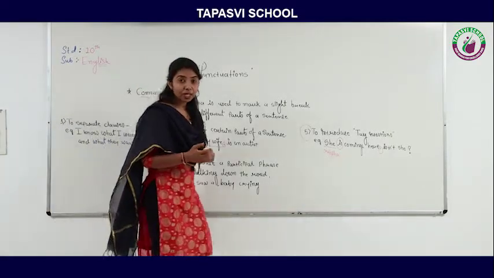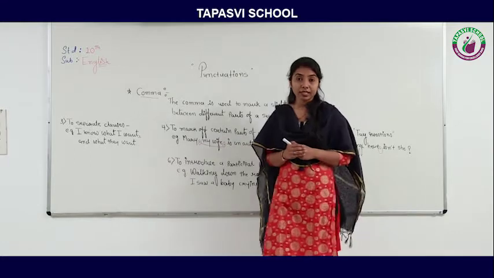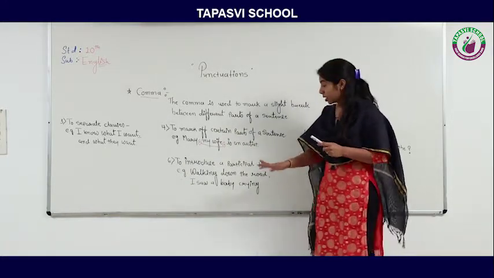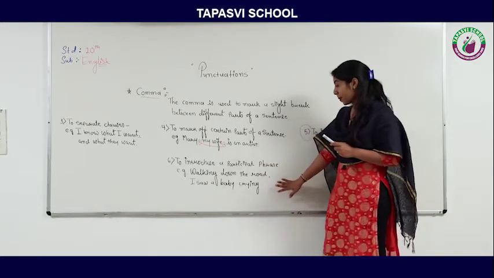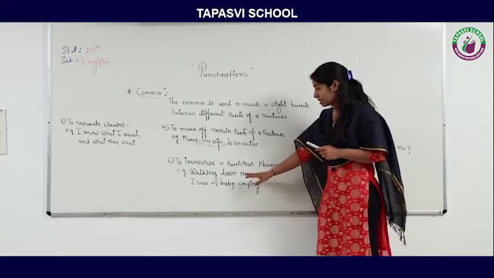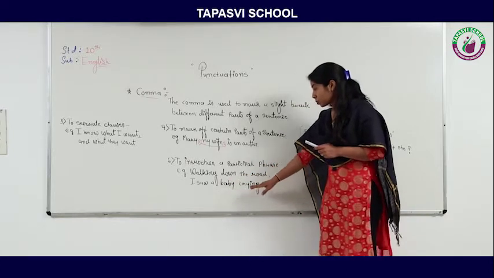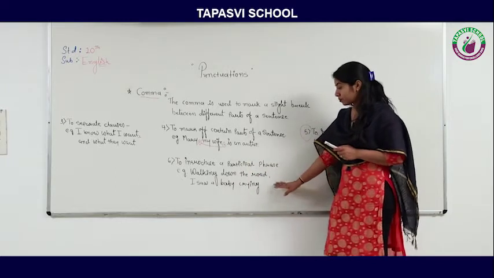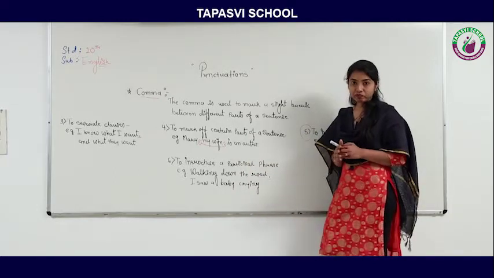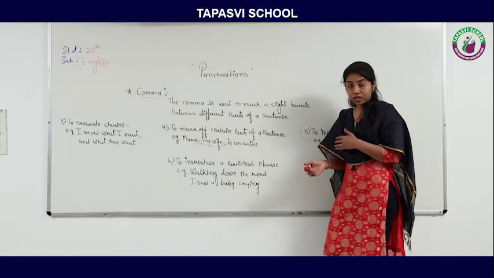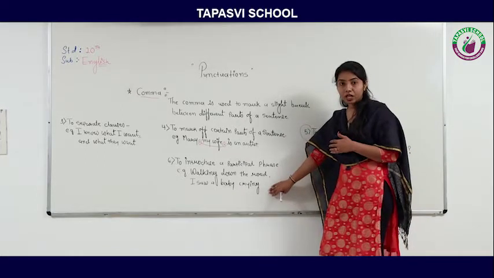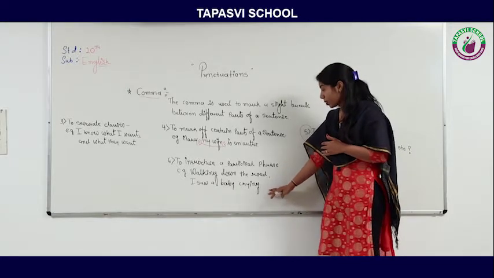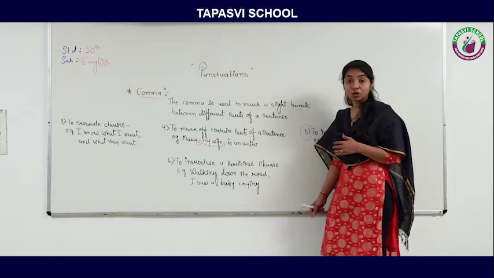Again we have to recall the chapter on phrases and clauses, in which we have learned many kinds of phrases. Whenever we want to introduce a participle phrase, you can see that both the phrases have equal importance. Walking down the road, I saw a baby crying. If I want to reword the same, taking this phrase to the second part, I saw a baby crying while walking down the road.